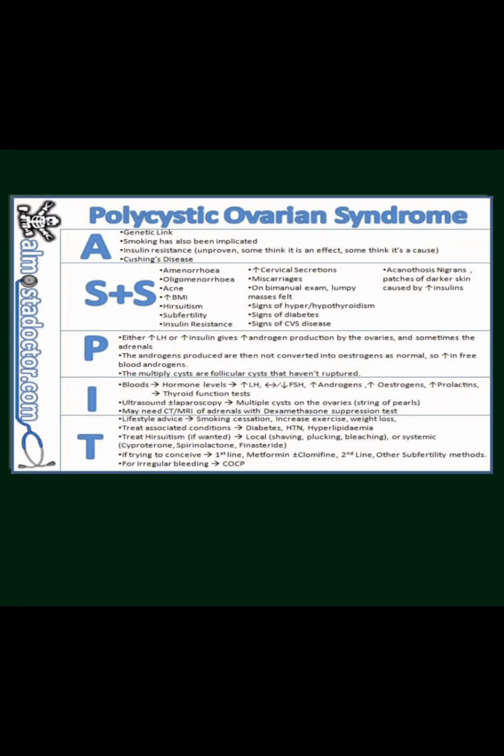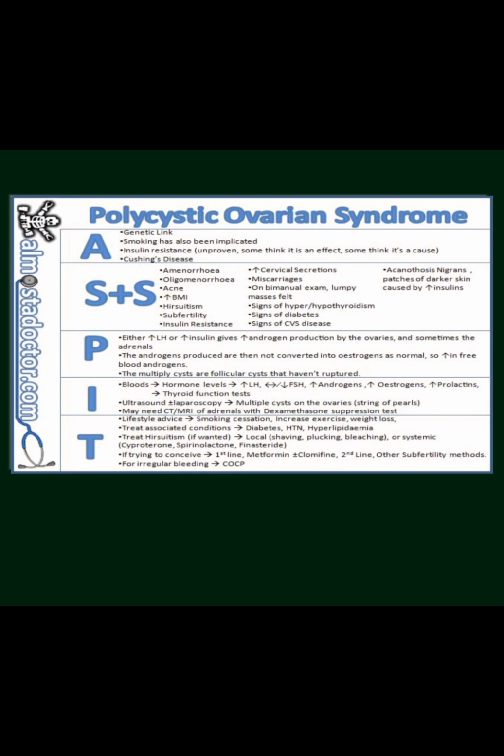Here is a table summarizing everything we've talked about. With a predisposition of genetic link, smoking, insulin resistance, even Cushing disease, the symptoms can be amenorrhea, oligomenorrhea, acne, an increased BMI, hirsutism, and subfertility, because someone is not ovulating, so fertilization cannot take place.